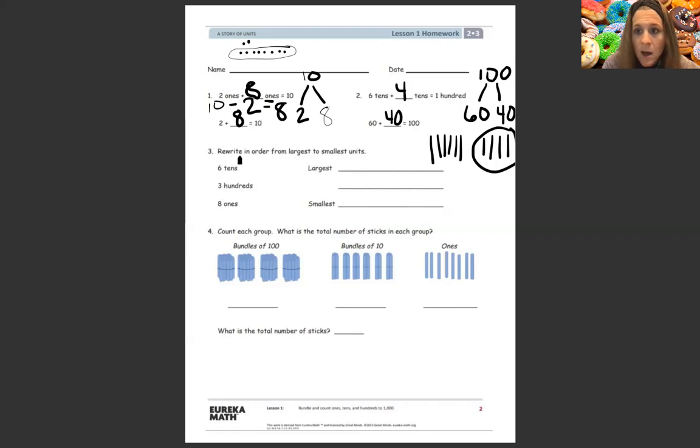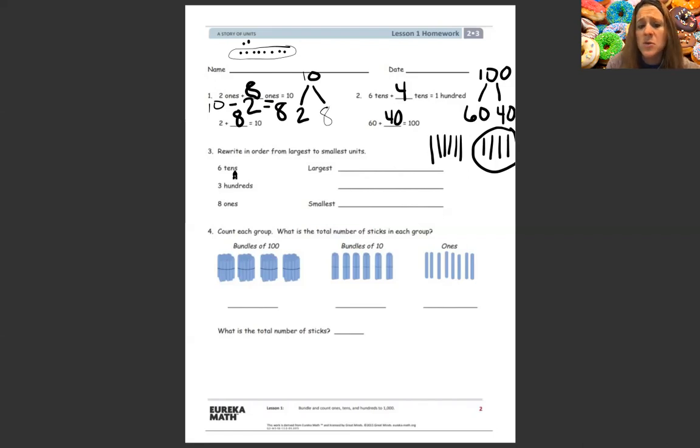Our 300s are going to be literally 300 things, okay? 300 pieces of cereal, 300 pennies. That's what that is. The tens, 6 tens is what number? 60. Good job. So it's going to be 60 pennies, 60 M&Ms, 60 whatever we're counting, okay?